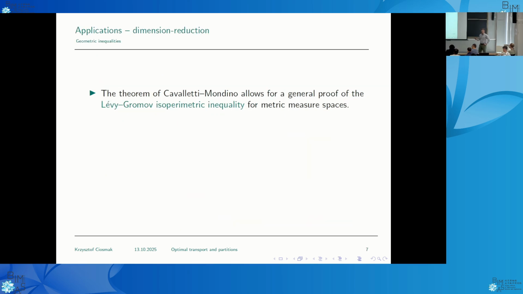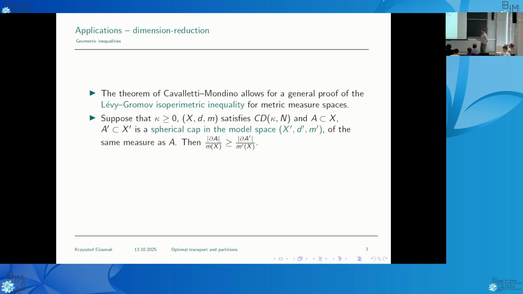All right, so how can we use this theorem? One of the applications is the Levy-Gromov isoperimetric inequality in the setting of metric measure spaces, which wasn't known before their contributions. So what's the isoperimetric inequality?